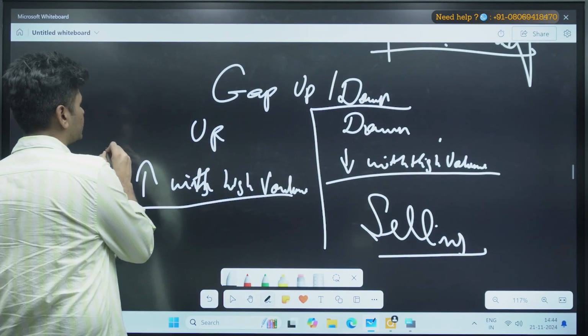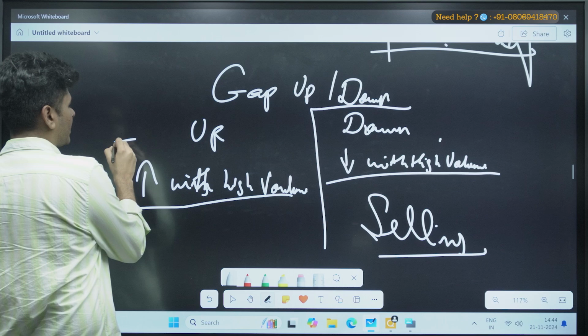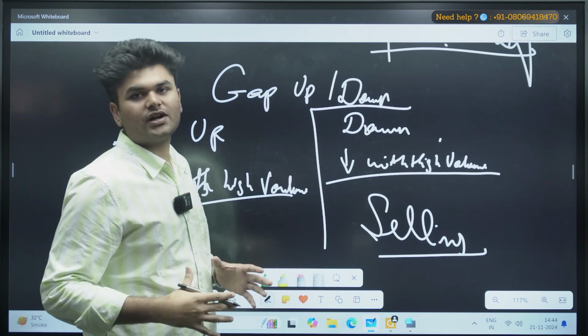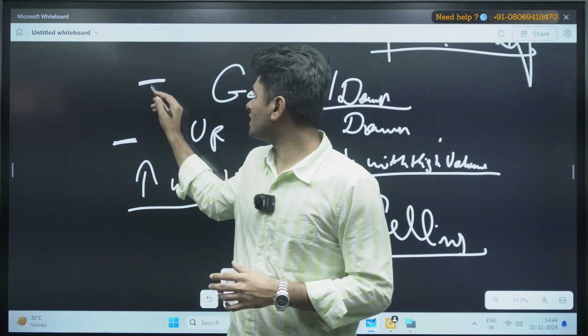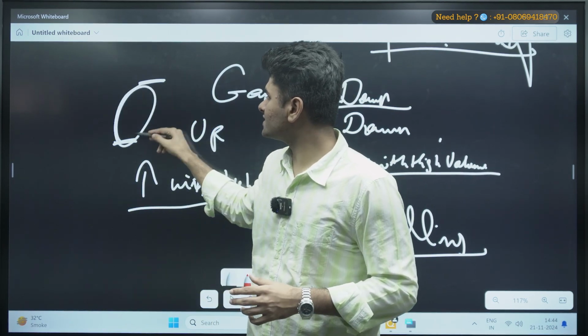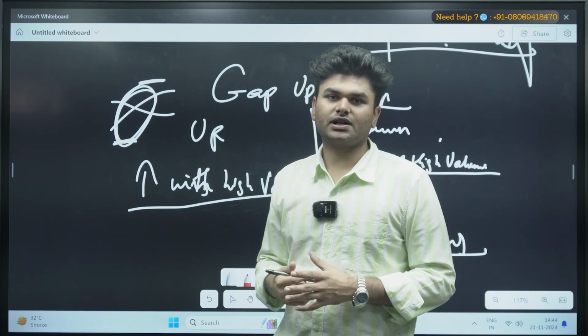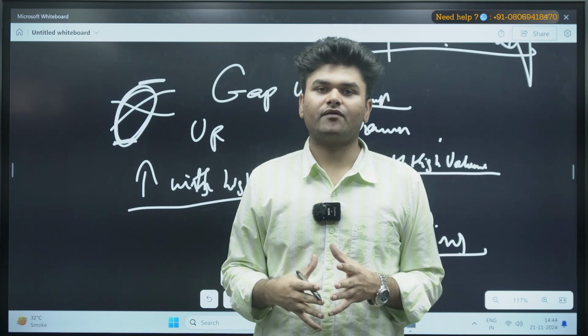So let's suppose the market closed here and in the morning it is opening here. This gap in the center can be long unwinding.